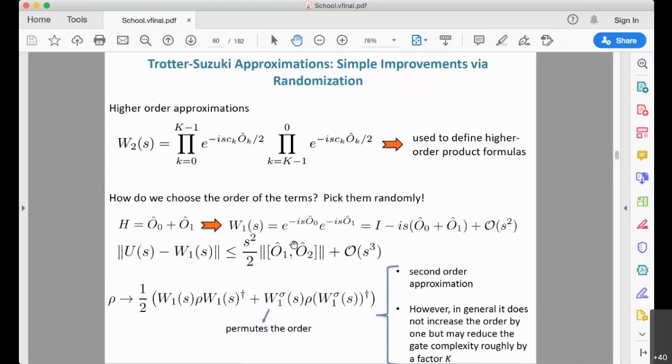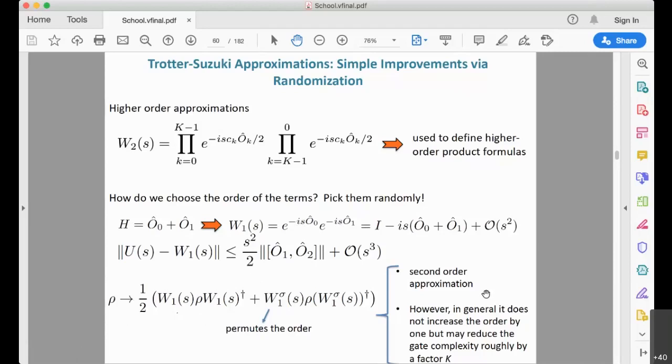The idea could be to pick first O1 and then O0 with probability 1/2, or pick first O0 and then O1 with probability 1/2. Again, it's going to give you a mixed state, but very close to something that is pure. And the approximation error from the actual evolved state that I wanted is order S cubed.